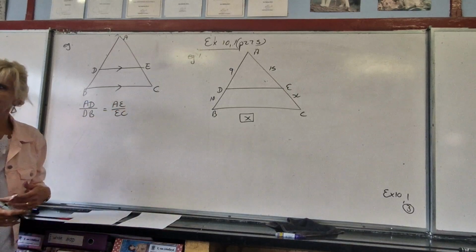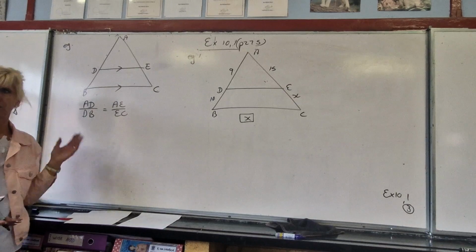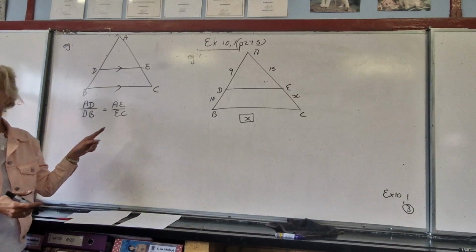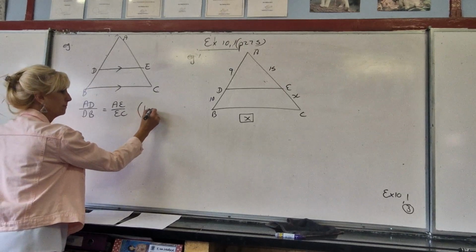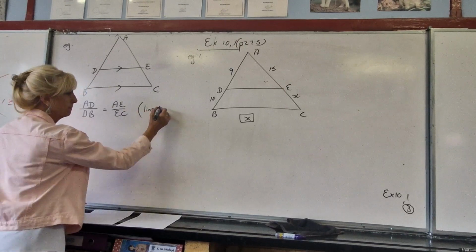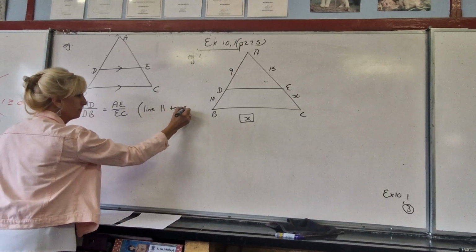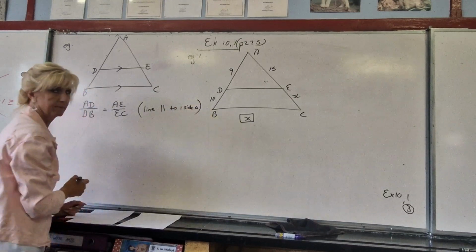It's a lot like the grade 9 stuff that you used to do 3 years ago. But the reason for that now is the new theorem, namely a line parallel to one side of a triangle. That's it.